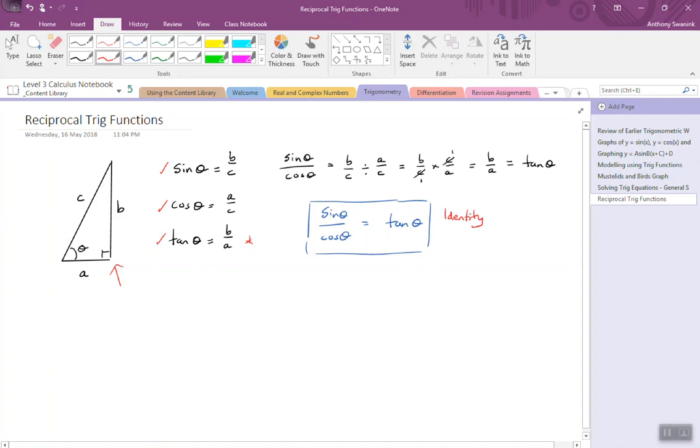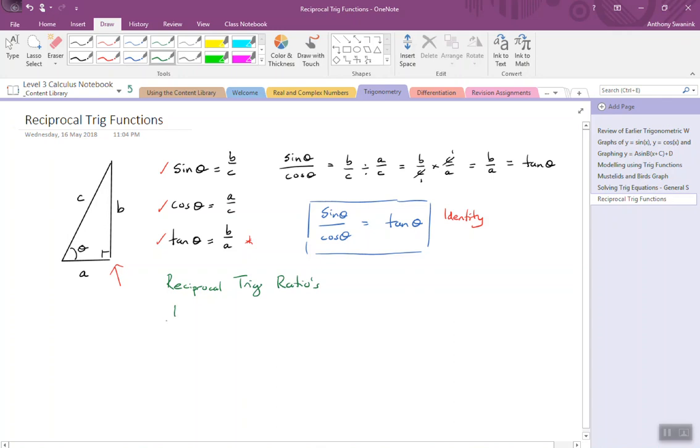Now, these are the normal trig ratios, as they're called. So what are the reciprocal ones? Let's make a heading for that. Whether we call them trig functions or trig ratios doesn't matter in this case. They're simply the reciprocal of each of these.